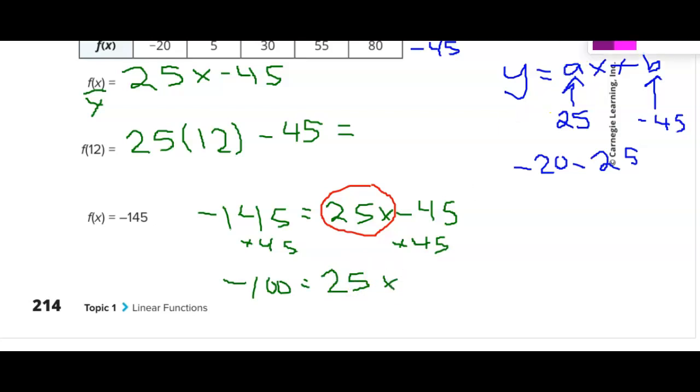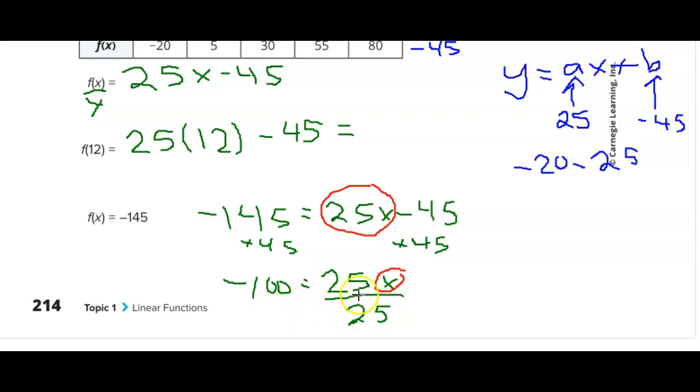And now we're ready to isolate the x. To do that, we're going to divide by 25, because this means x times 25, and the opposite of times 25 is divided by 25.